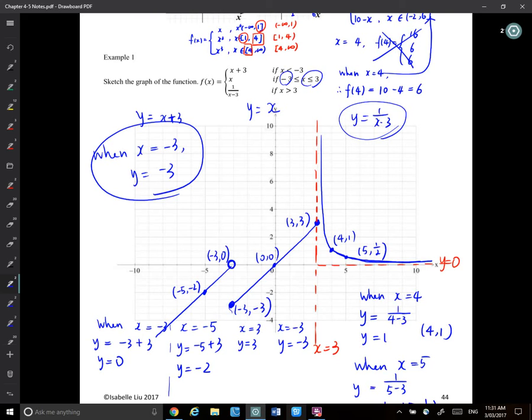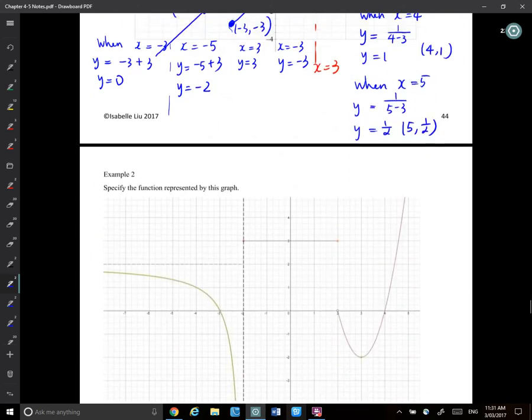But the graphs will not overlap between the domains, so you will have vertical lines. This part of the graph only belongs to the first section, the second graph only belongs to the second section. So you just draw them on the same set of axes.